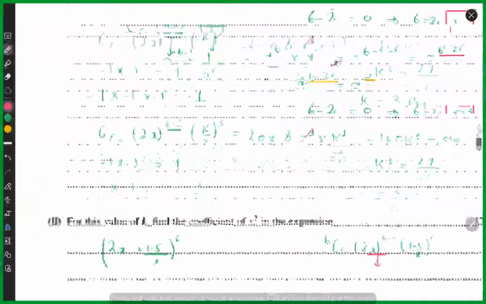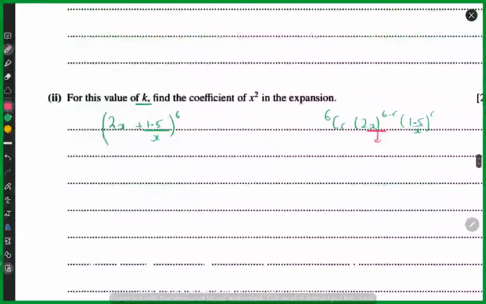Okay. So after doing all of this working, I would get x to the power 6 minus 2r, and this time I need to equate it to x to the power 2, very good, because the coefficient was x squared.